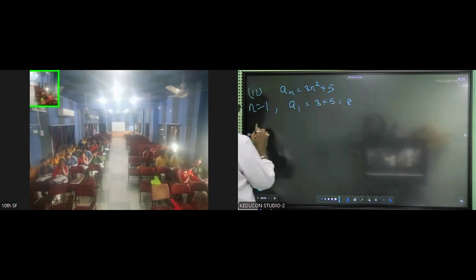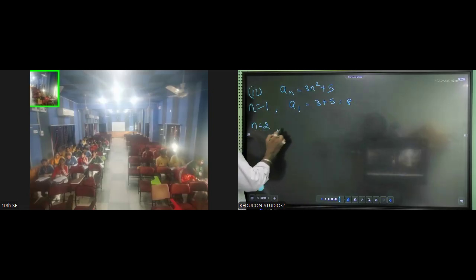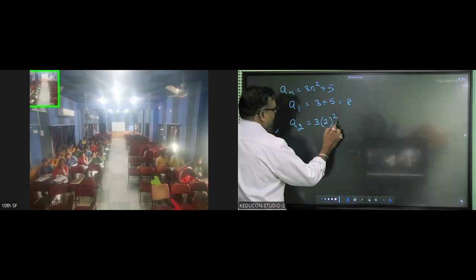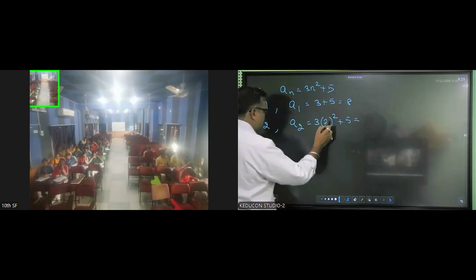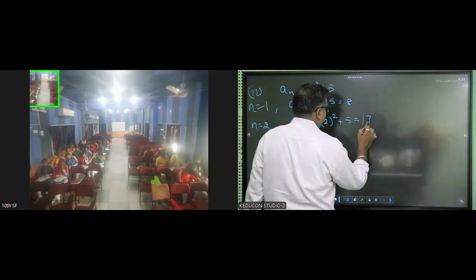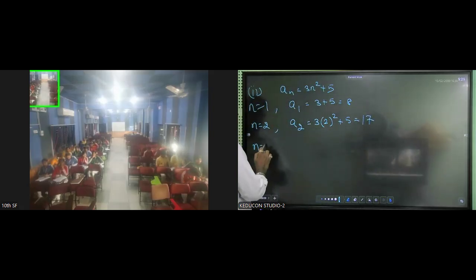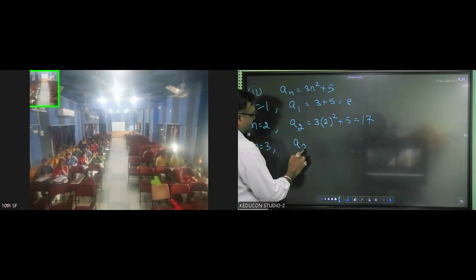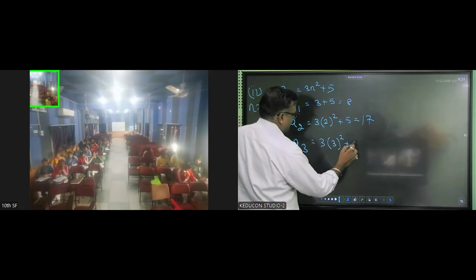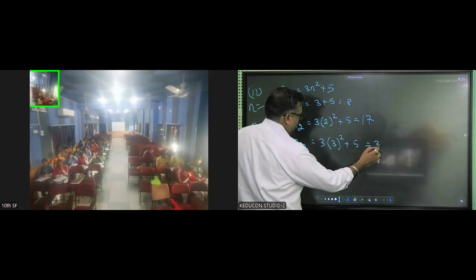When you put n as 2, A2 will be 3 into 2 square plus 5. What does this become? 2 twos are 4, 3 fours are 12, plus 5, 17. When you put n as 3, this becomes 3 into 3 square plus 5, that is 32.